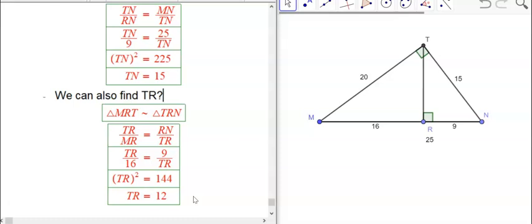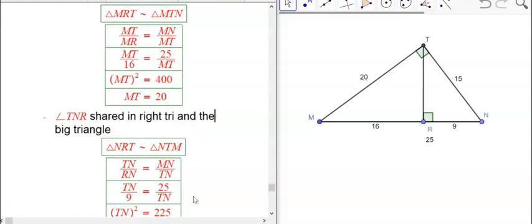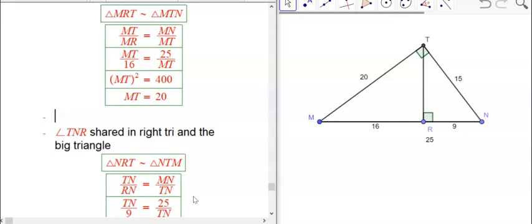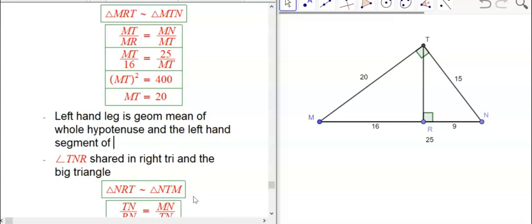All right. So let me summarize real quick what we found. I wanted to do it with just really explicit numbers. We can summarize that the left hand leg of the big triangle is the geometric mean of the whole hypotenuse and the left hand segment of the hypotenuse.